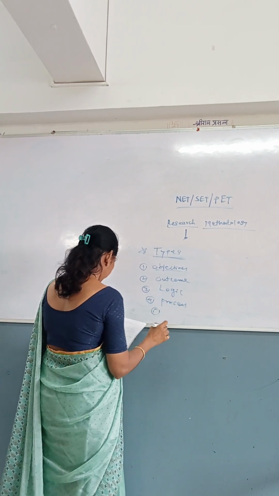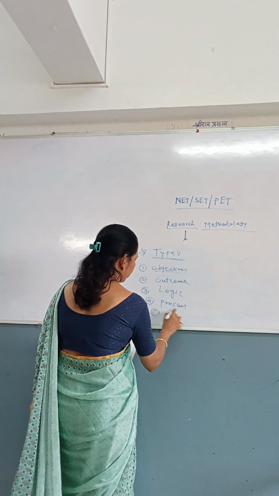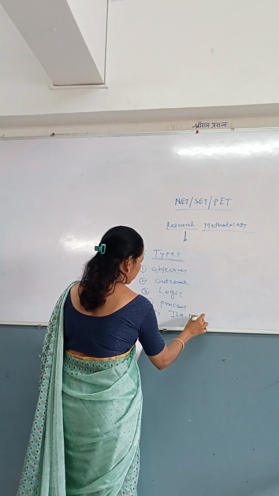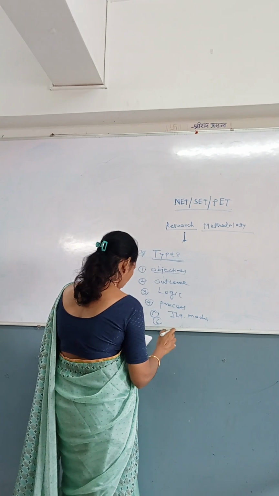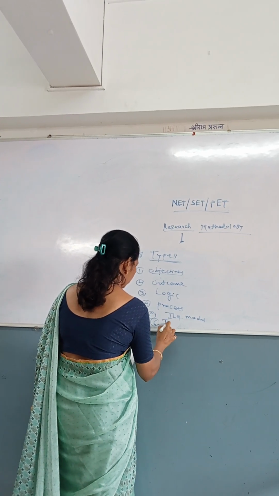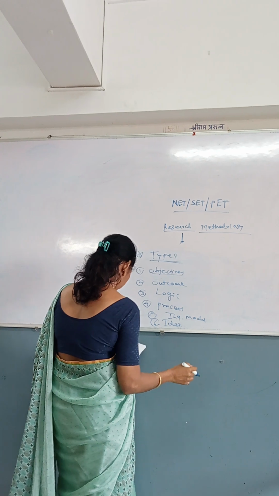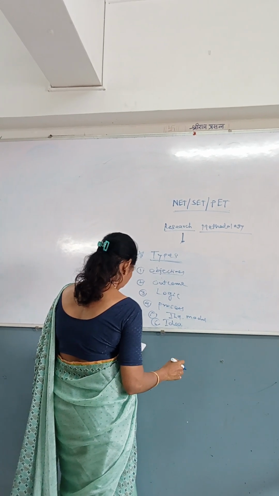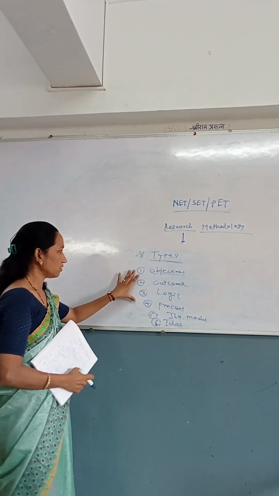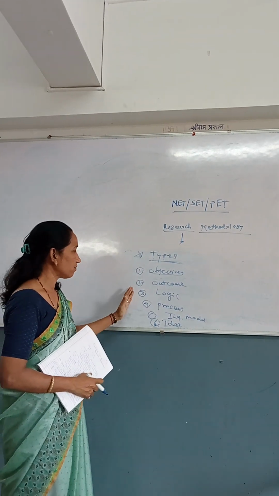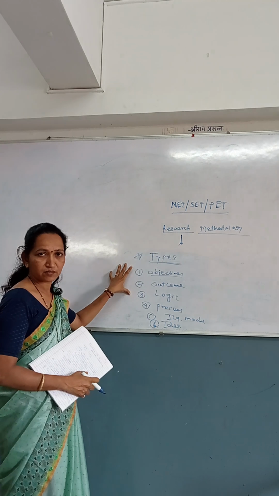And the fifth is the inquiry mode. And the sixth one is the idea. So these are the important points or subpoints that are included in types.